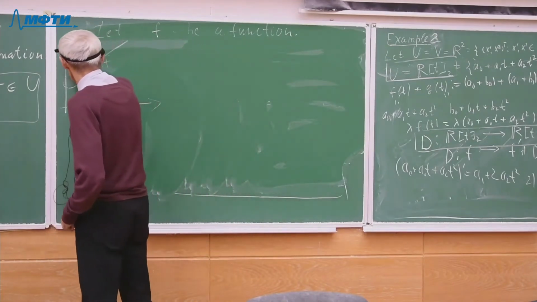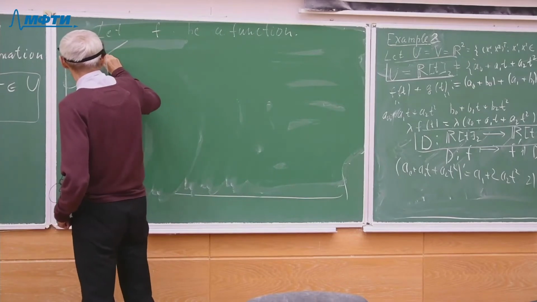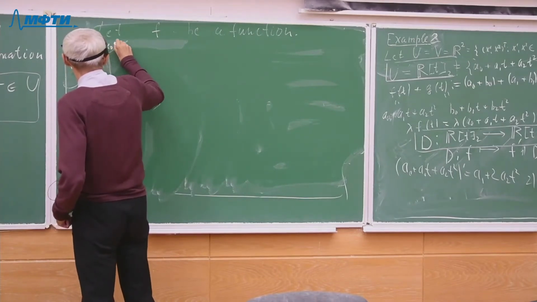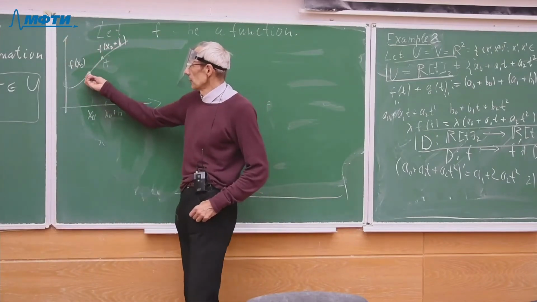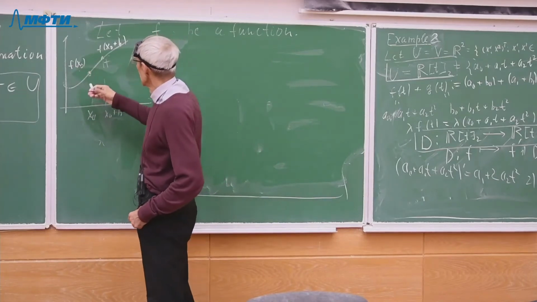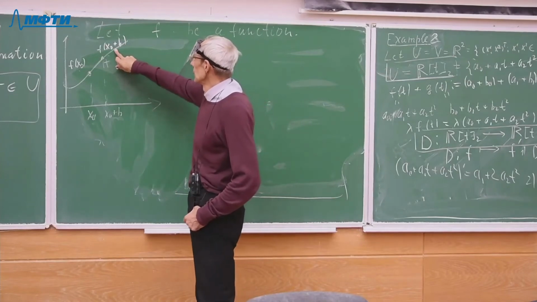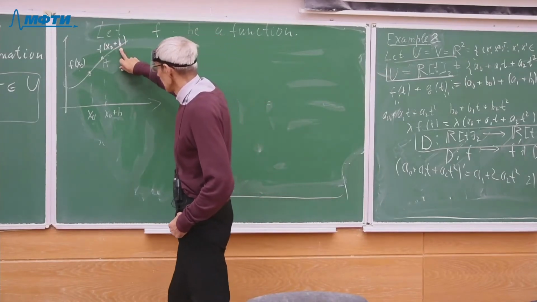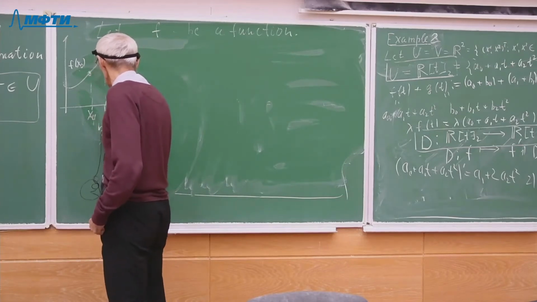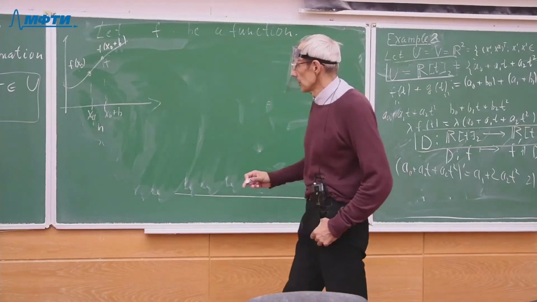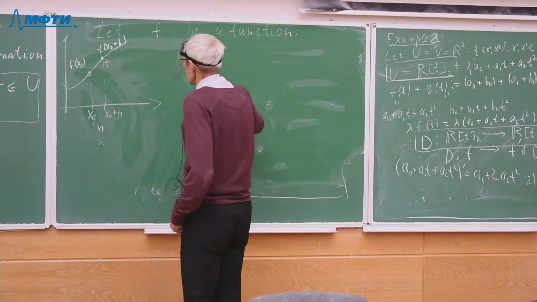And we can consider the images of this point: f at point x0 and the value of f at the point x0 plus h. And we can consider the difference of these values, f(x0 plus h) minus f(x0), divided by h. And let's consider the ratio.